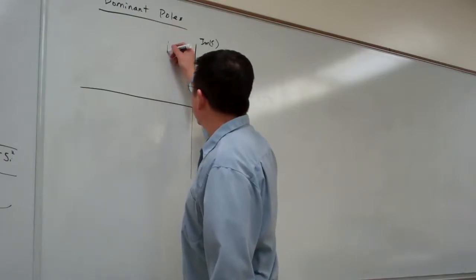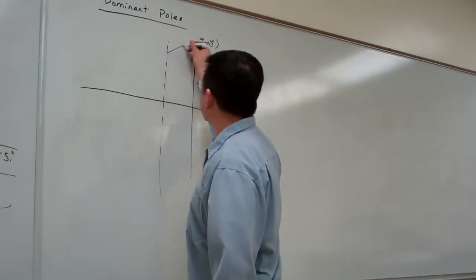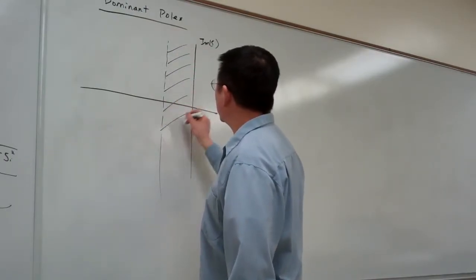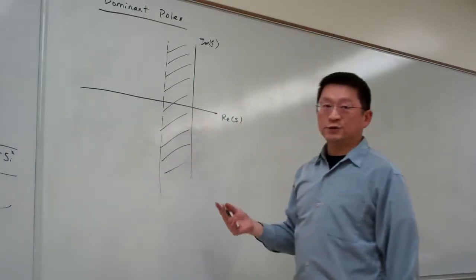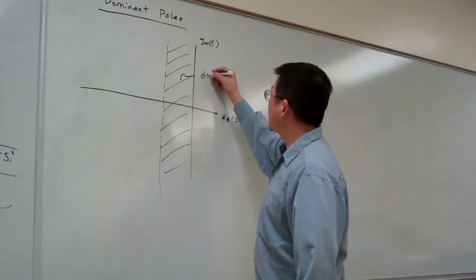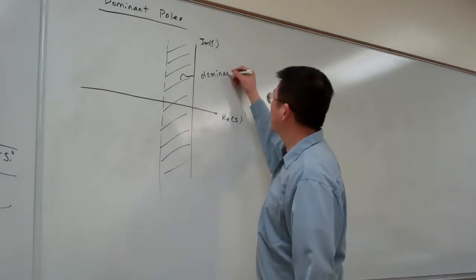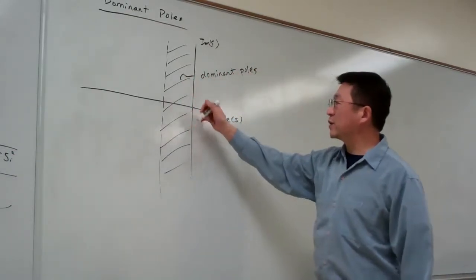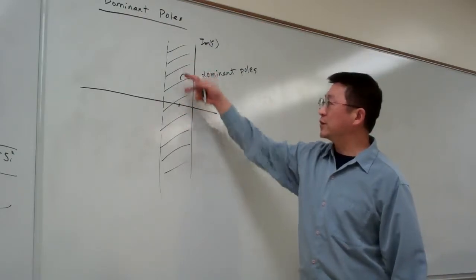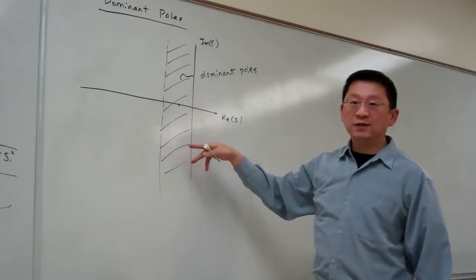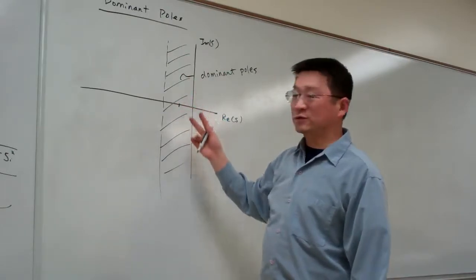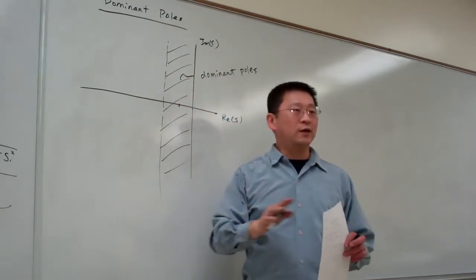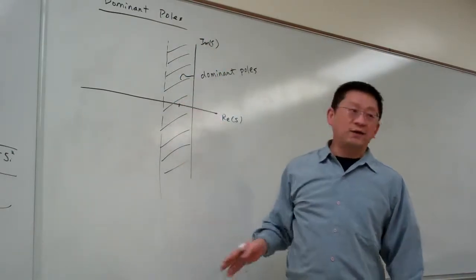Say here we have the locations, and these regions are the clusters of the dominant poles. They may be located on the real axis, or maybe as a complex conjugate pair. So basically this is the region. You simply use your judgment to make a line.